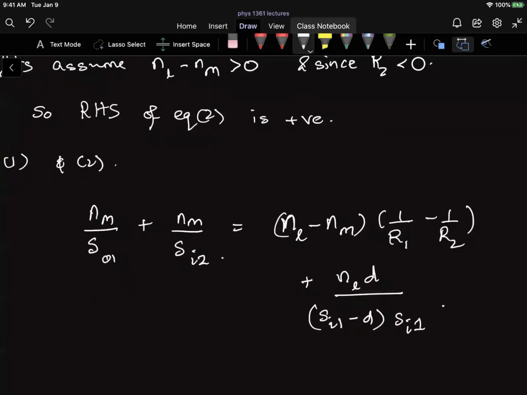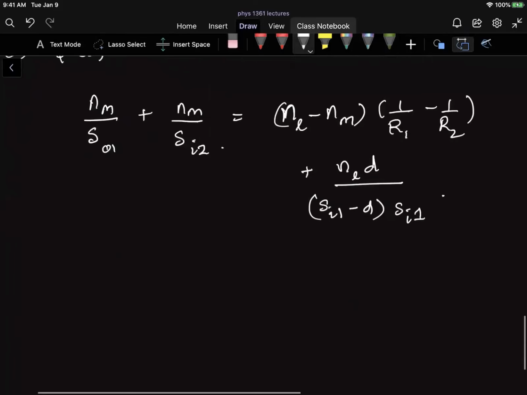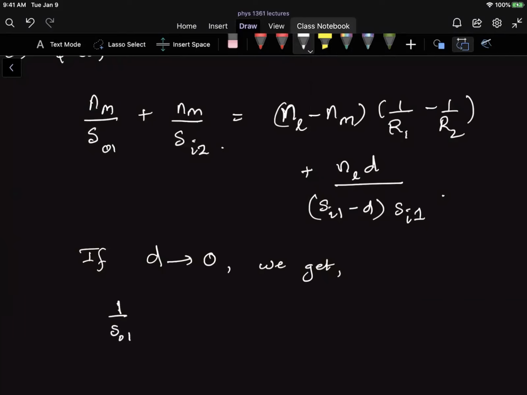Okay. So if D goes to 0, which is what the thin lens equation is, in the limit of a thin lens, then we get 1 over S_O1 plus 1 over S_I2, now remember we have neglected that last term, we've set it to 0.